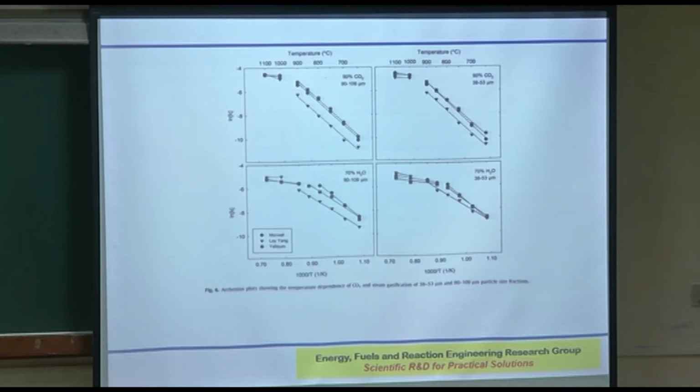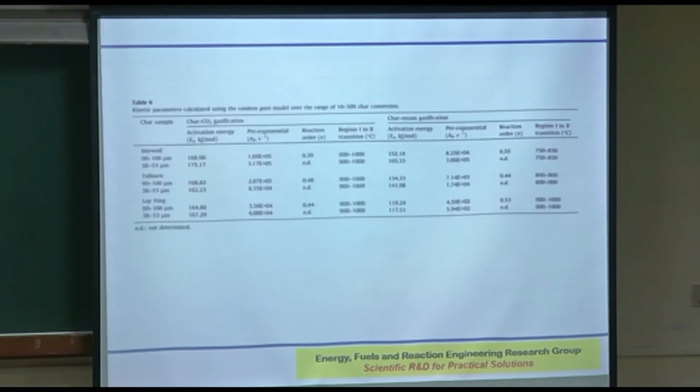region. So if you are trying to measure the activation energy, the true chemical reaction control activation energy, don't worry about doing it for either the large one or the small one. It will still be getting the same result. And then she looked at, I think this is the last slide, the activation energy and the pre-exponential constants.